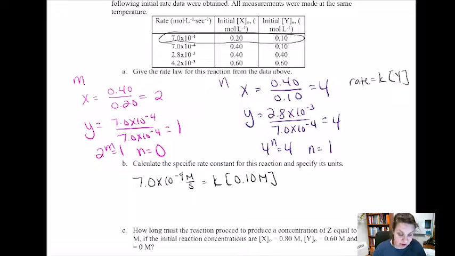Our X is not in here because it is a reactant order of 0, so anything to the 0 is just going to be 1. We solve for this.